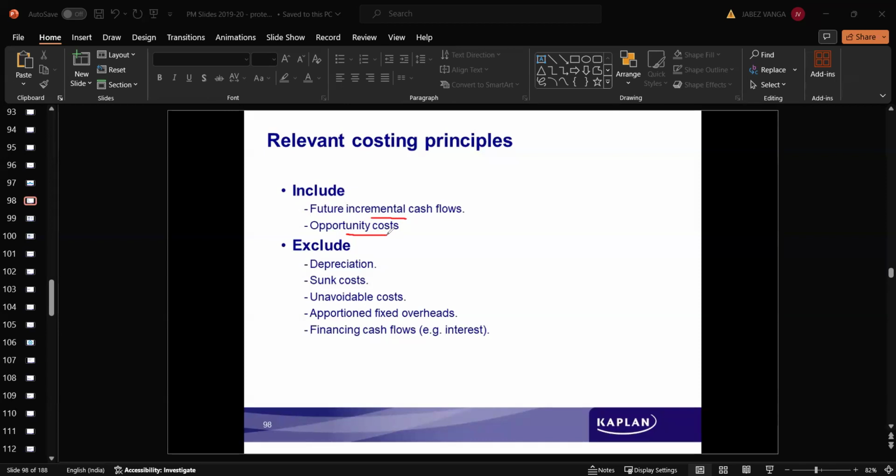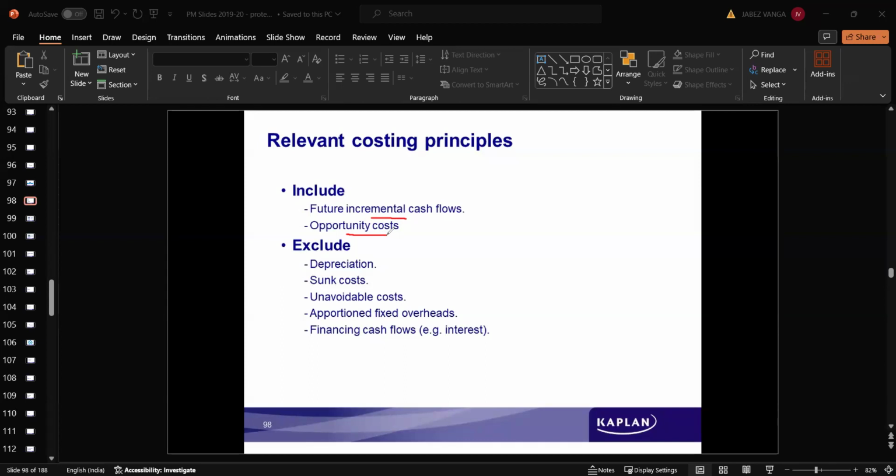part of relevant cost. What is opportunity cost? The cost of foregoing the next best alternative is opportunity cost. When a decision is taken, if one alternative is selected, it means that other alternatives are not selected.